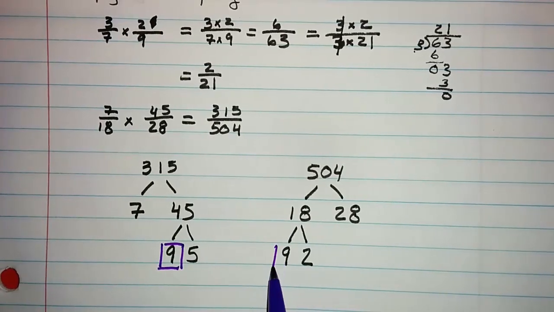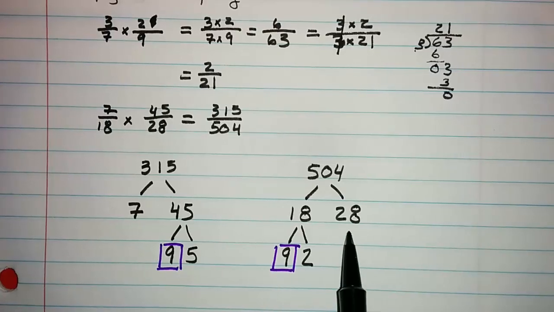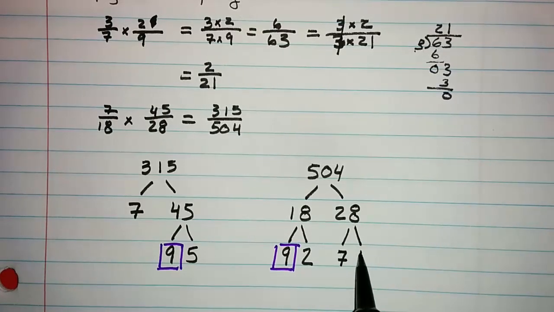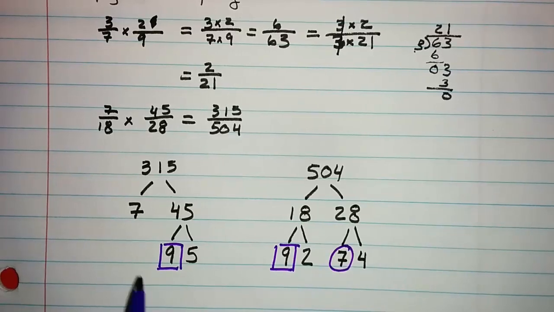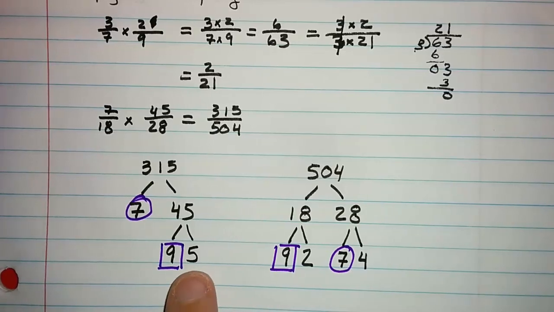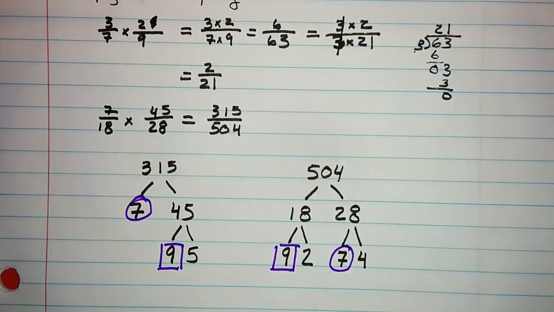These are not prime, but they are common factors of these two numbers. 28 factors as 7 times 4. 7 is prime and a common factor of these two numbers. The only remaining factor of 315 is 5. We don't need to continue to break the 4 down.